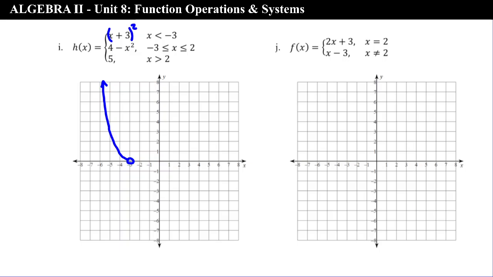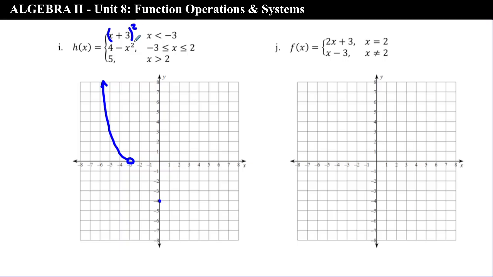Then for the next part, we are going to do the other parabola, or another parabola. This time it's going to be concave down because we got the negative in front of the x squared. We could think of this as negative x squared plus 4. So that means we are translated down by 4. So our vertex is going to go here.